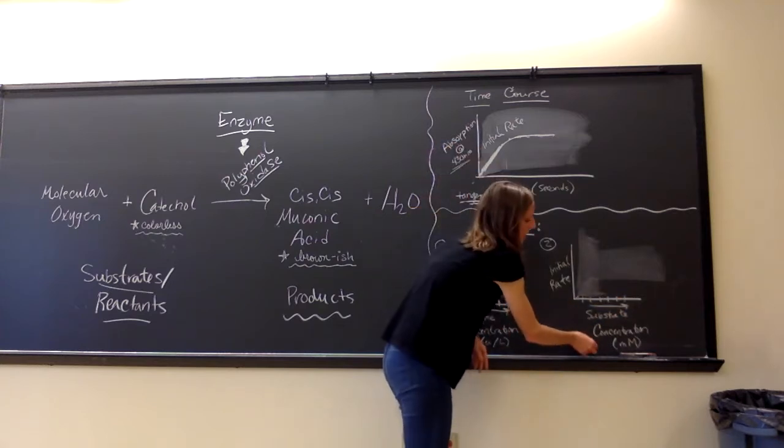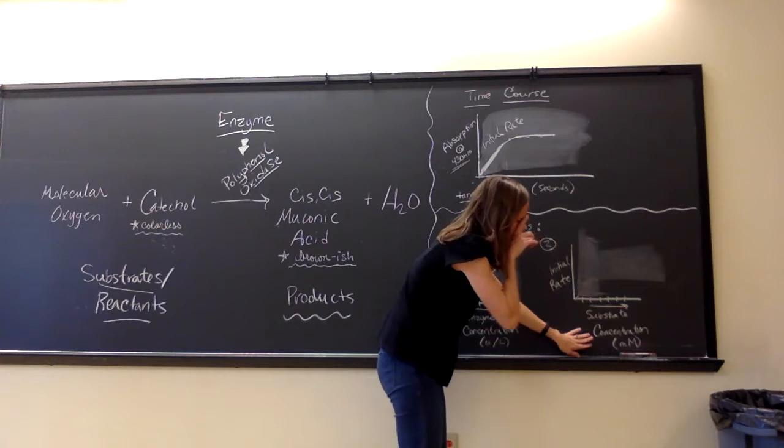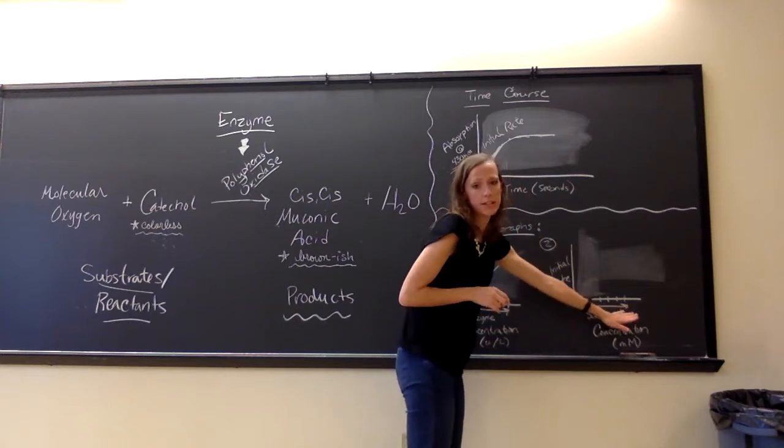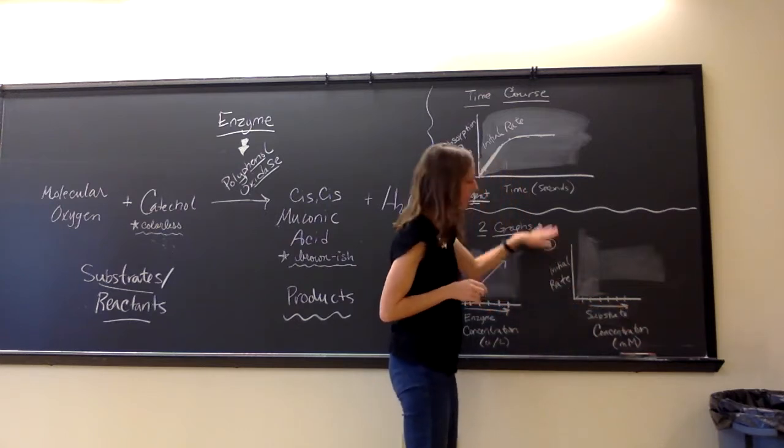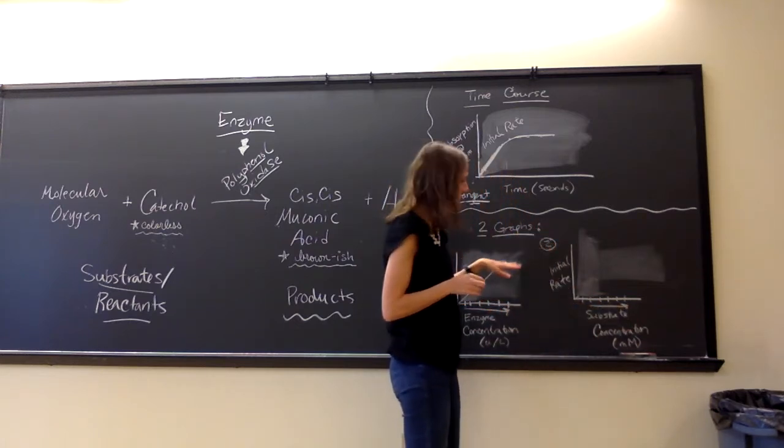So the substrate concentration, the millimolar concentration, is on our x-axis, and the initial rate is plotted on the y-axis.